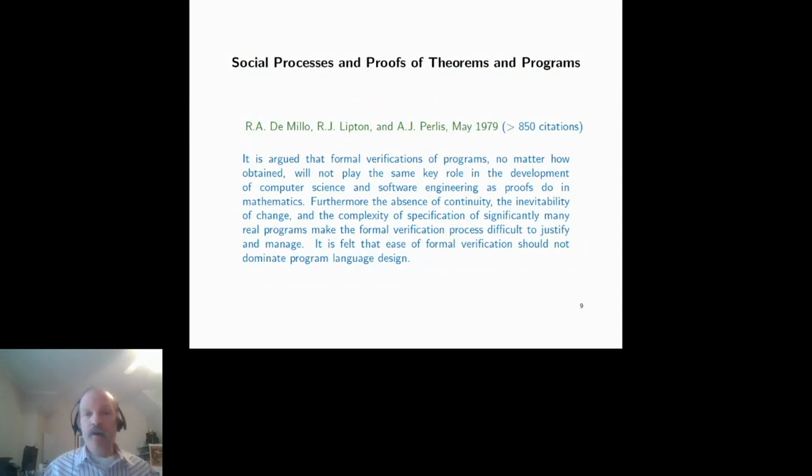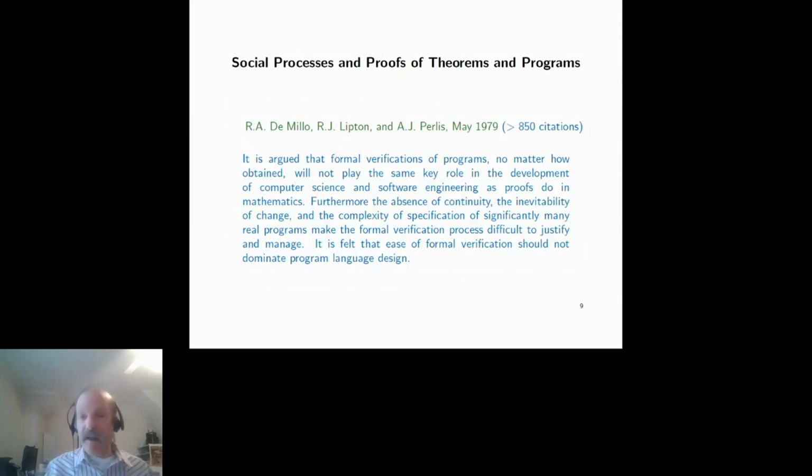It is argued that formal verification of programs, no matter how obtained, will not play the same key role in the development of computer science and software engineering as proofs do in mathematics. Further, the absence of continuity, the inevitability of change, and the complexity of specification of significantly many real programs make the formal verification process difficult to justify and manage. It is felt that the ease of formal verification should not dominate program language design.